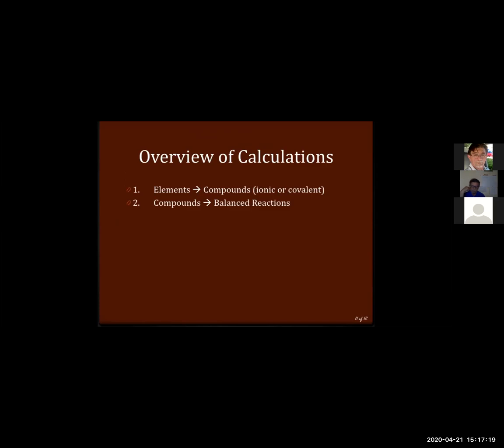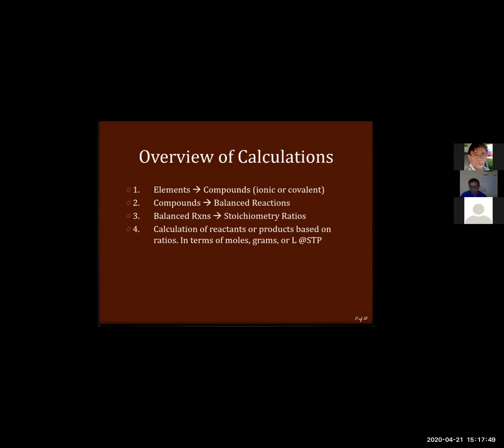From the balanced reactions, we're able to know the stoichiometric ratios between reactants and products. With that information, we're able to calculate reactants or products based on the ratios, and we can give it in terms of moles, grams, or liters, depending on the question.